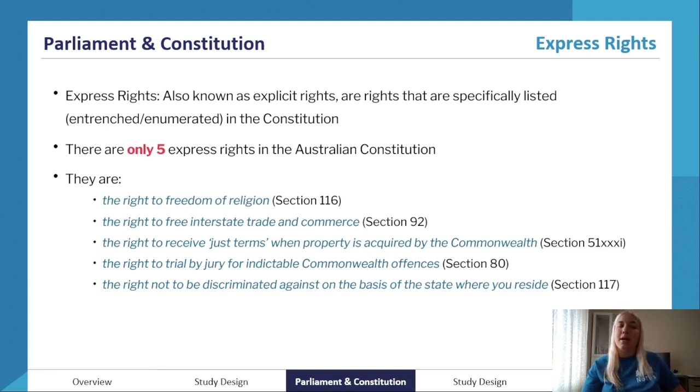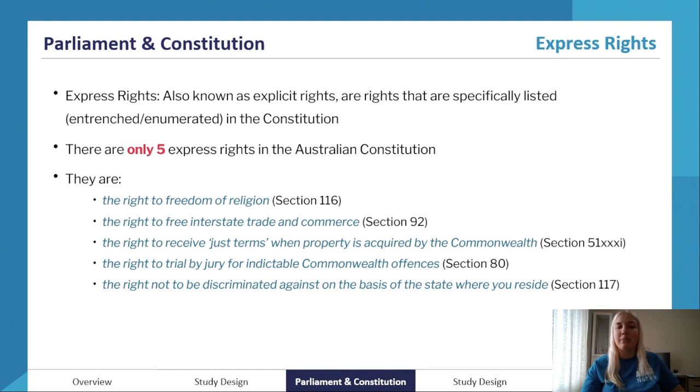The next one is the right to free interstate trade and commerce under Section 92. Again, a flaw with this is that it is a Commonwealth level law. However, this basically just ensures that trade between all of the states can happen for free.